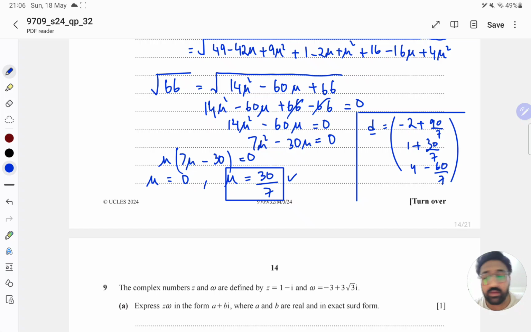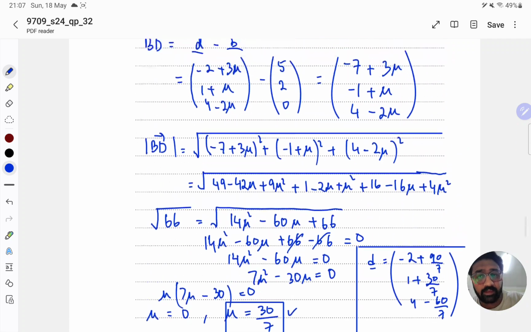The final answer, if I simplify, will be minus 2 plus 90 over 7, which is 76 over 7.